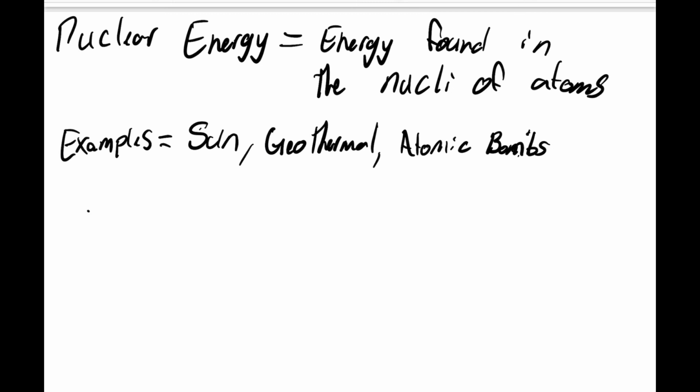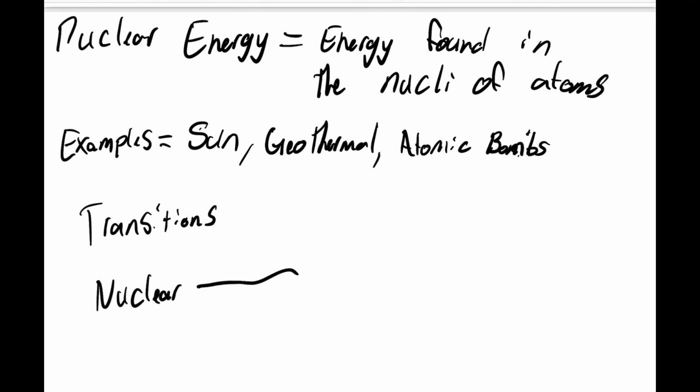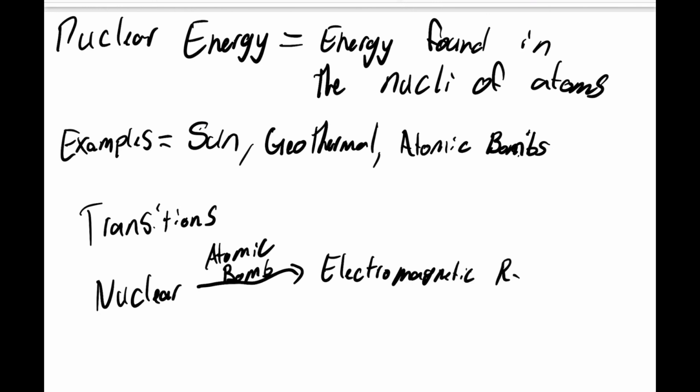Okay, transitions. Let's just look at nuclear energy being released through an atomic bomb. This will produce light or electromagnetic radiation.